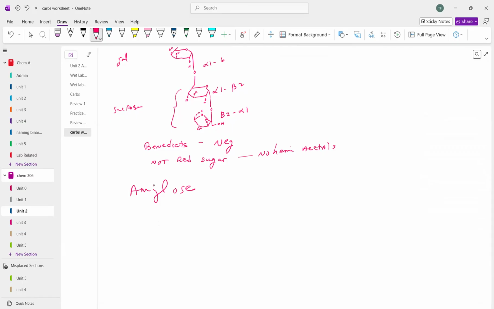The linkage on the amylose is an alpha 1,4. Amylose is also called starch. And it's just a long chain of glucoses, sometimes thousands of glucose long.